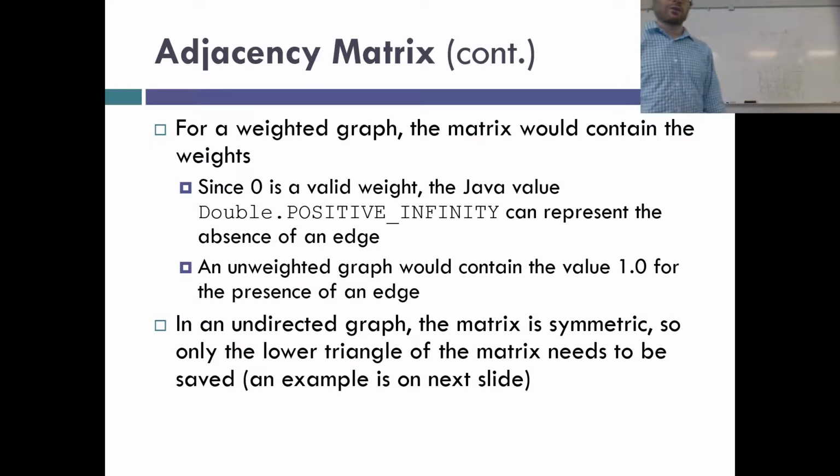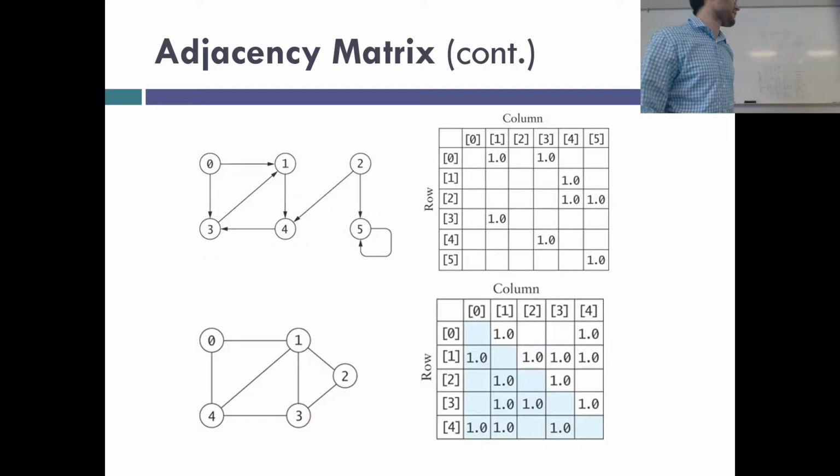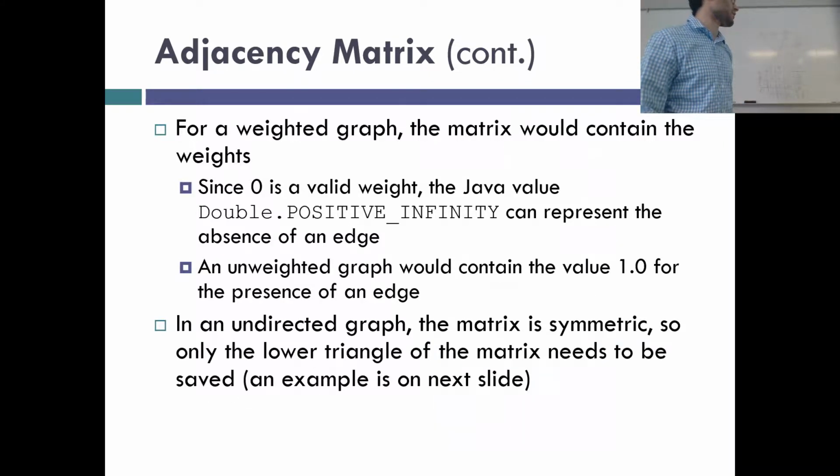And in an unweighted graph, instead, we could use just 1.0 for the presence of an edge. So it also depends on whether you're using a directed graph or an undirected graph. We can be a bit more space efficient with an undirected graph because A to B in an undirected graph, we don't have these arrows.